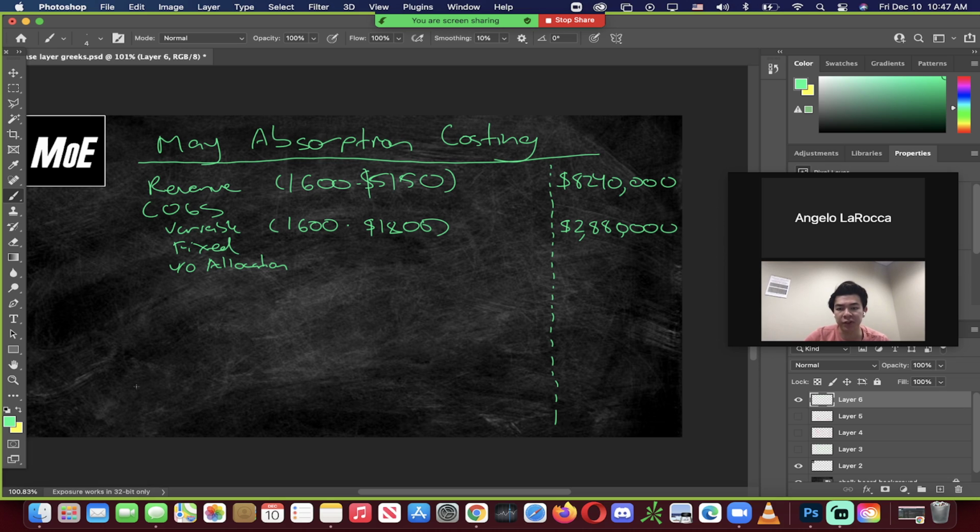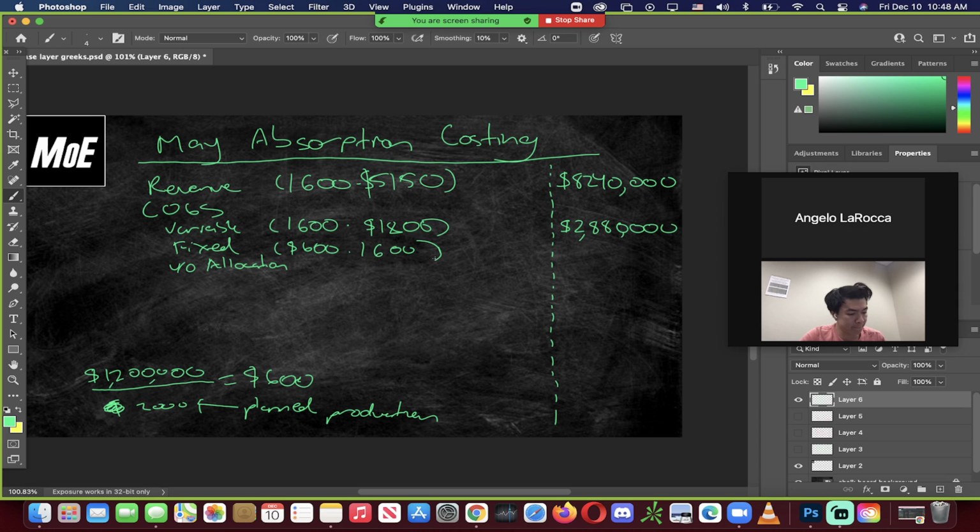And then for fixed, we have to do the same steps, right? So we're going to take the fixed cost of 1.2 million and put it over the plan number. They give it in the question. This is the plan number and production. This goes 600, right? So we're going to do 600 times. And then over/under allocation.